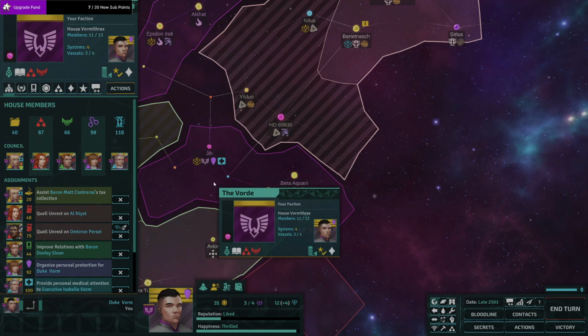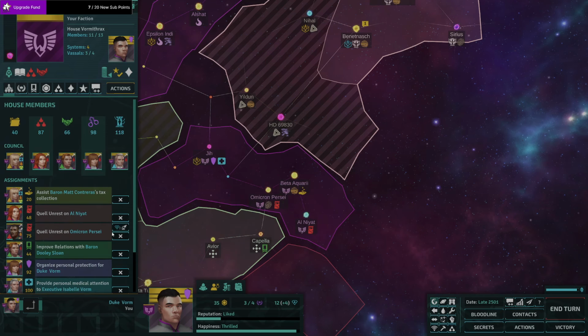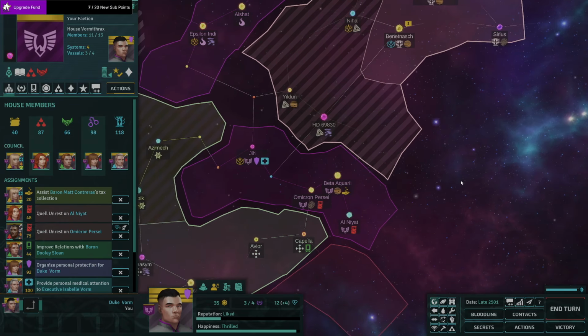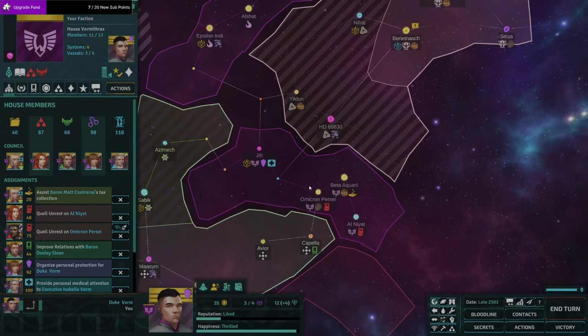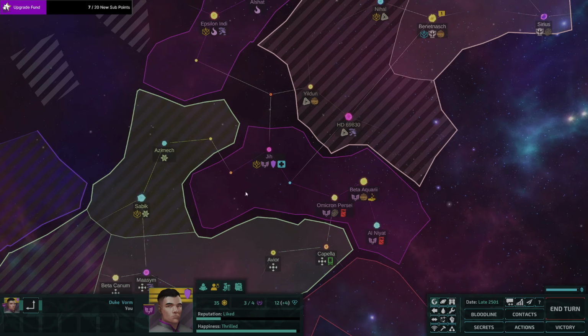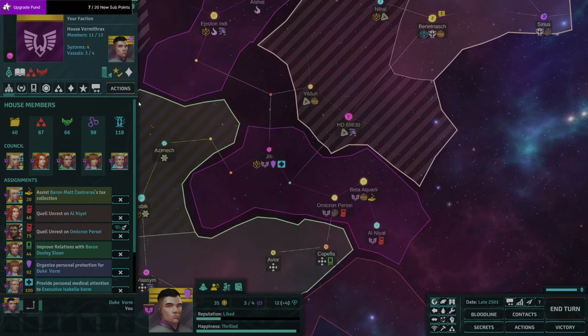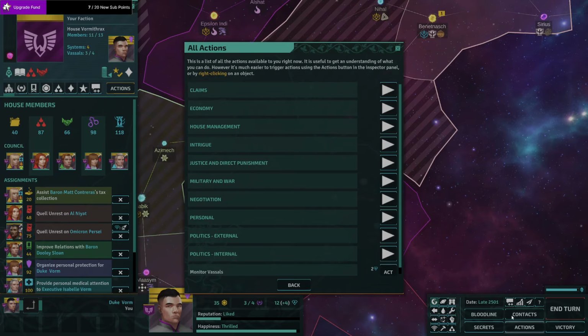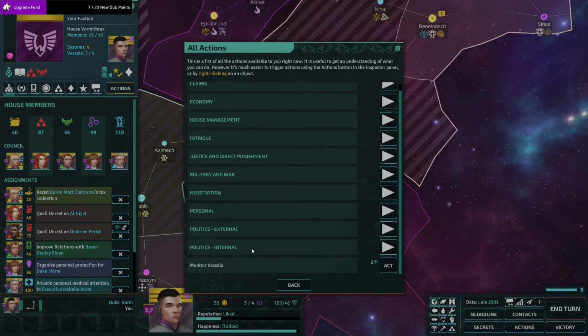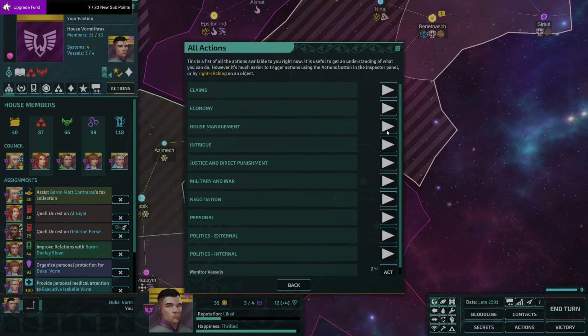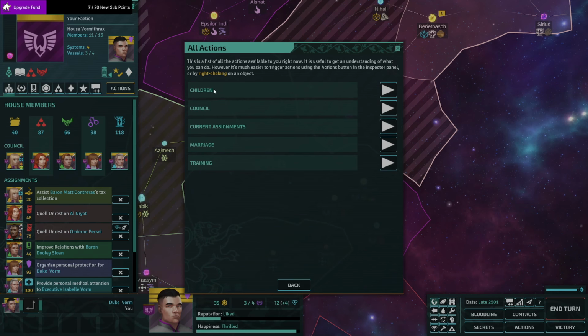There is somewhere buried in the different tasks an option to go out and search for somebody, to just go find an accomplished person, maybe noble, to come join your court, your society. I forget where it's at or which part it is in, but it is an action that can be done. I just don't remember where and what it takes. Personal? No. House management? Maybe house management. Council, assignments, marriage.